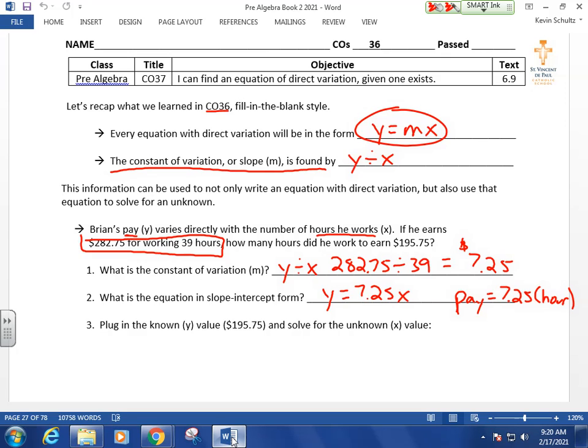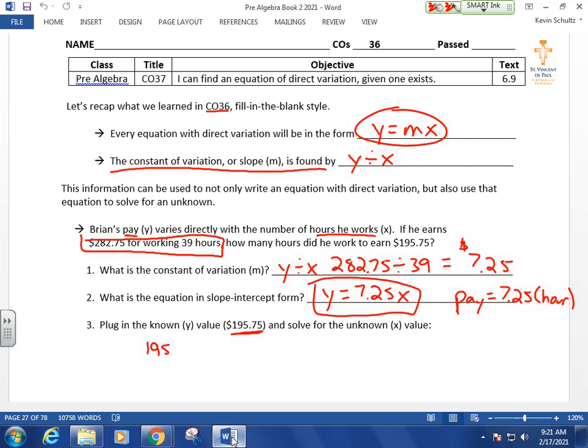So, number 3, answering the actual question, how many hours did he work to earn $195.75? We're going to plug in the known y value, right? Going back to this equation here. If we're given the pay, that represents y.